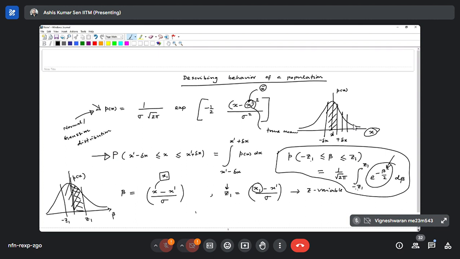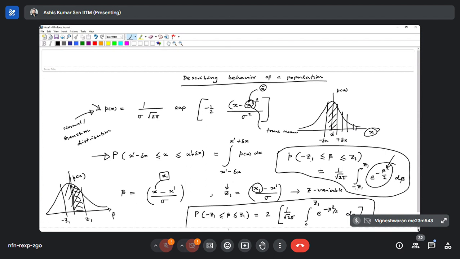That means you can write that P, that the data is going to lie between minus z1 to z1 will be equal to twice of 1 over square root of 2 pi into the integration from 0 to z1 of e to the power minus beta square by 2 d beta. Okay, so this is the probability that the data is going to lie between minus z1 to z1.